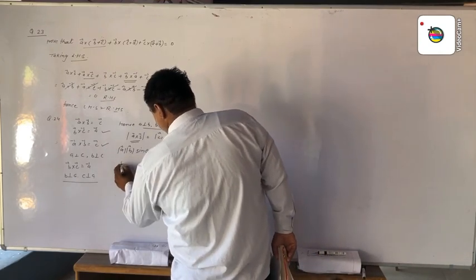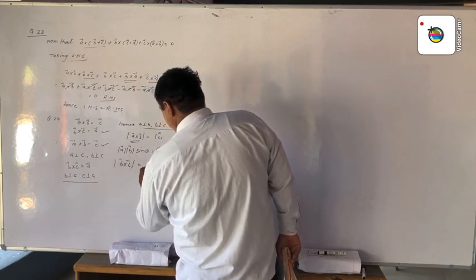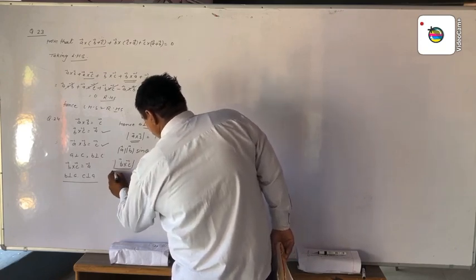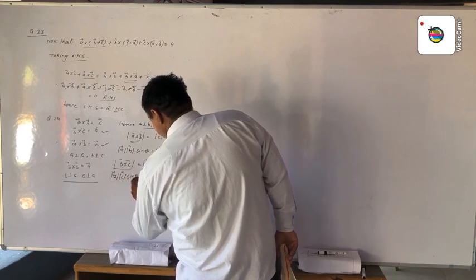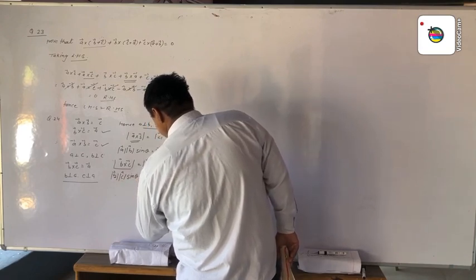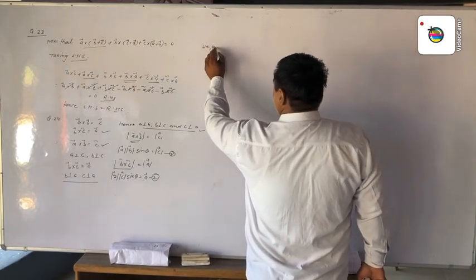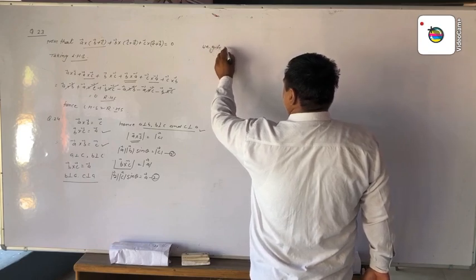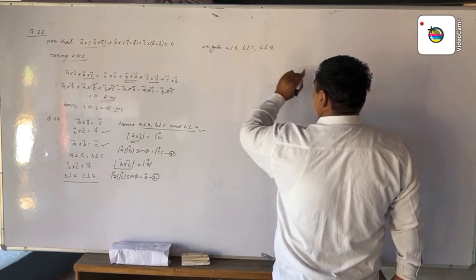In the second condition, magnitude of vector b cross c is equal to vector a magnitude: vector b magnitude, vector c magnitude into sine theta is equal to vector a. This is equation second. We are given that theta is the angle between them. We are given a is perpendicular to b, b is perpendicular to c, c is perpendicular to a.